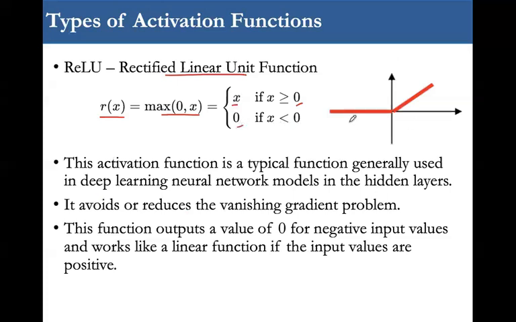So the diagram of our ReLU looks this way. This activation function is generally used in deep learning neural network models in most of the hidden layers. This reduces the vanishing gradient problem. This function outputs a value of 0 for negative input values, and it ranges between 0 to x.